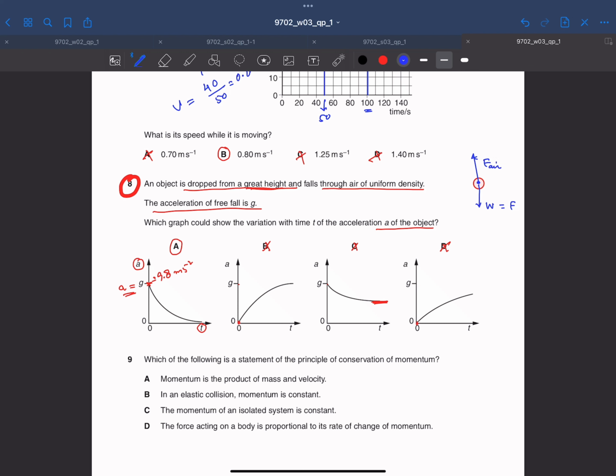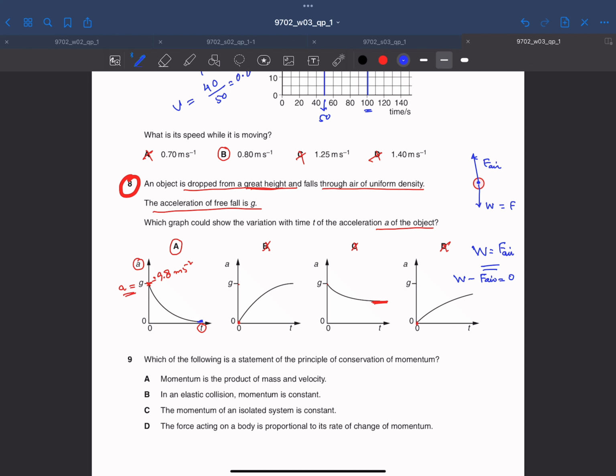Fr will increase with the speed and with time, and at one point the weight will become equal to the air resistance, W equals F air. At this time there is no resultant force, and so there is zero acceleration.